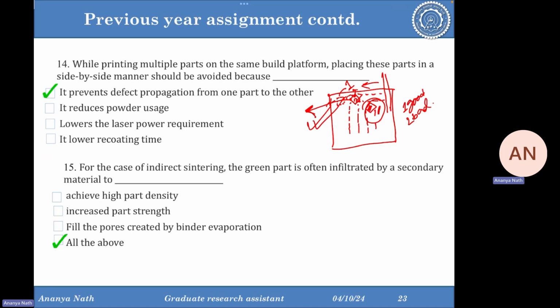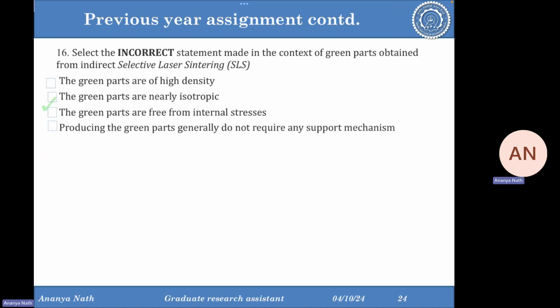So the next question is, for indirect sintering, the green part is often infiltrated by a secondary material to achieve high part density, high part strength, and fill the pores created by the binder evaporation. Select the incorrect statement made in the context of green parts obtained from indirect selective laser sintering.